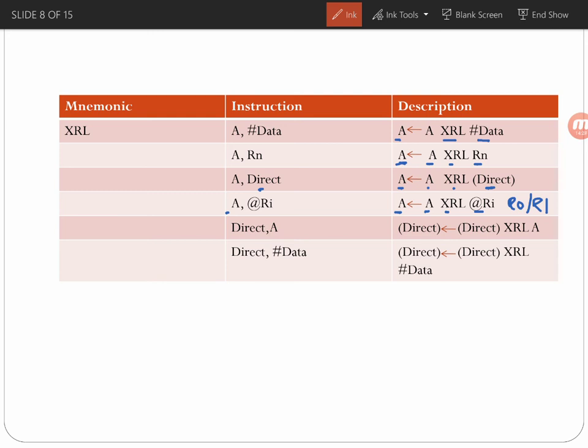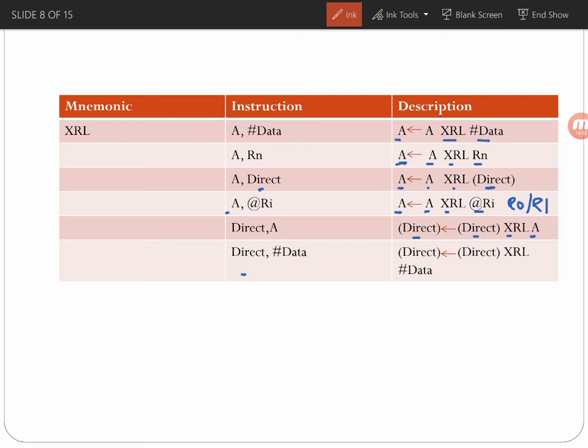Next, XRL direct, A. So the content of the internal RAM memory location is XORed with the accumulator register, and the result is saved in the internal RAM location. XRL direct, #data.